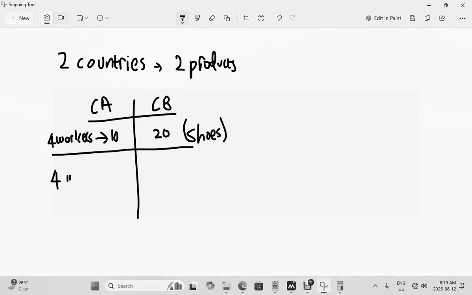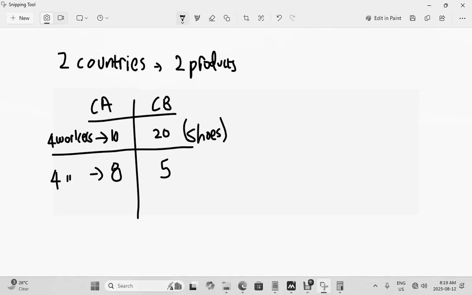So you have 5 units of appliances over here, and 8 units of appliances over here. Or we can go the other way around, where country A produces 8 units of appliances, and country B produces 5 units of appliances with four workers.